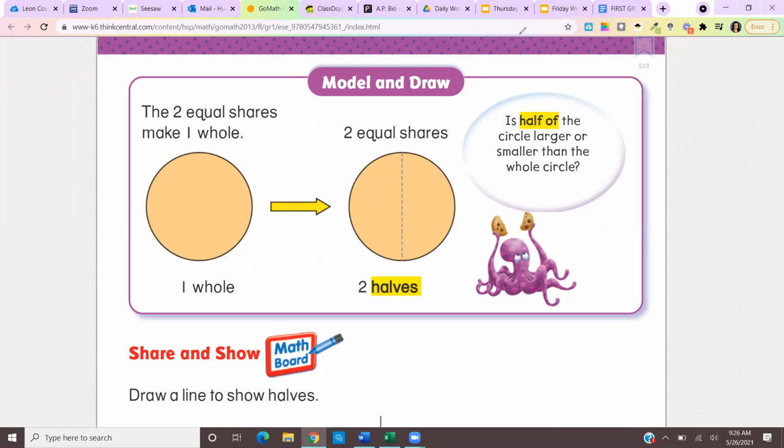Grace, is half of the circle larger or smaller than the whole circle? Wonderful. Half of the circle is smaller. So this side of the circle is smaller than this whole big circle, right? Yes.